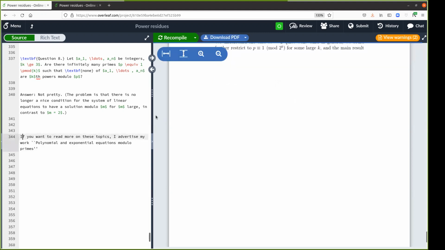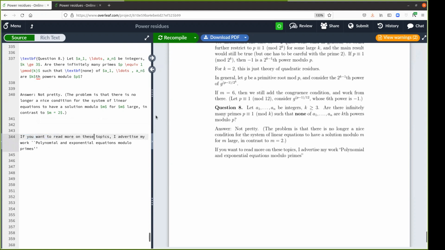But if you want to read more on these topics, then I advertise my work, Polynomial and Exponential Equations Modulo Primes. So you can find the PDF just by Googling this topic, I hope.